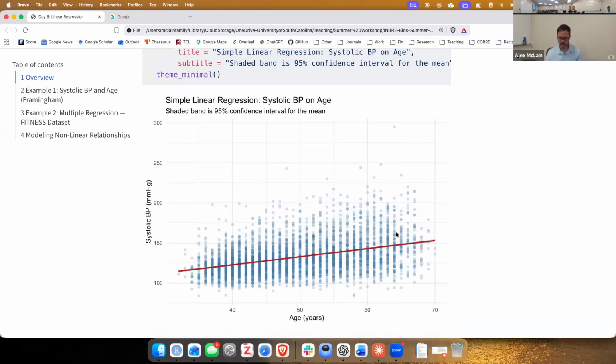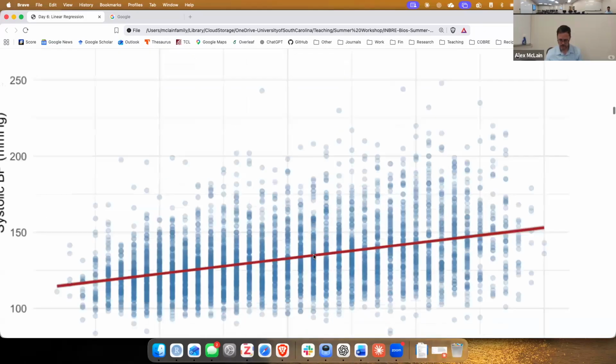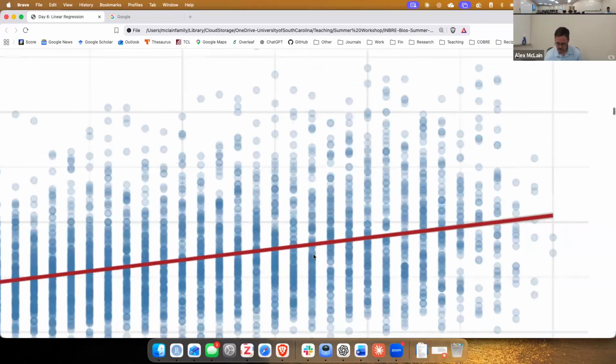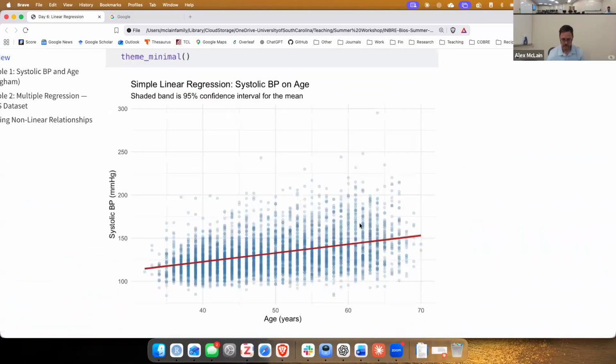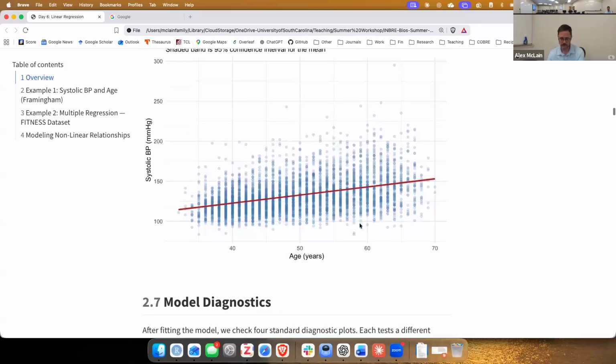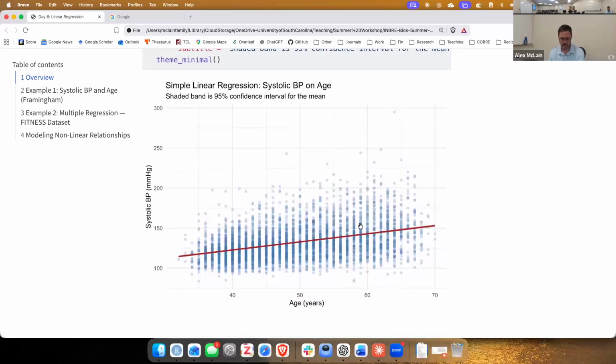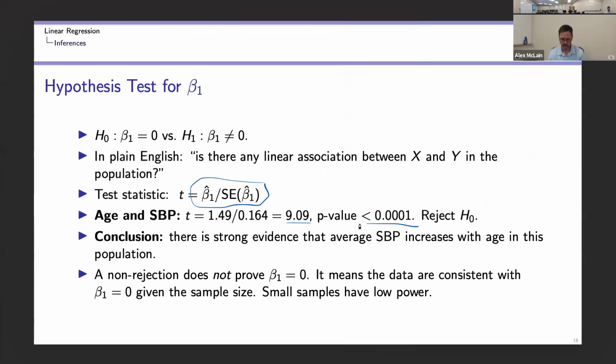There is a shaded band here, which is a 95% confidence interval for the mean, but it's so skinny that you can barely see it towards the end here. So the 95% confidence interval for the mean is very tight around the actual fitted line.